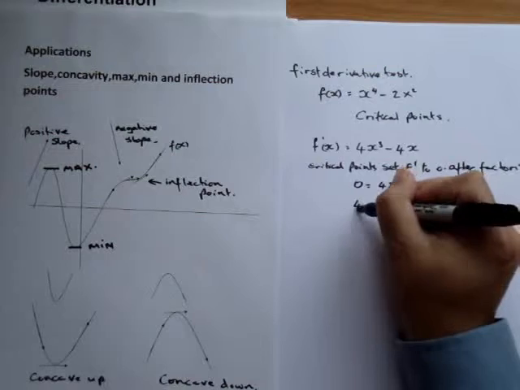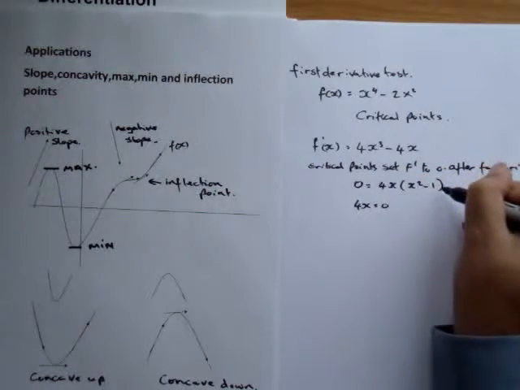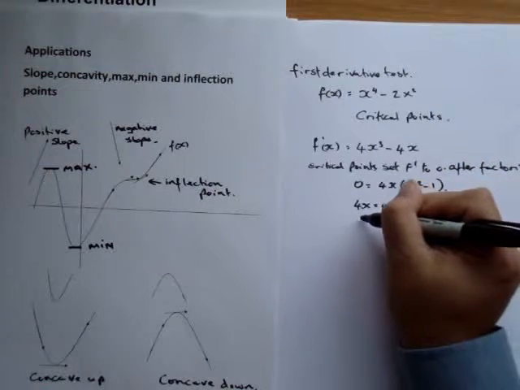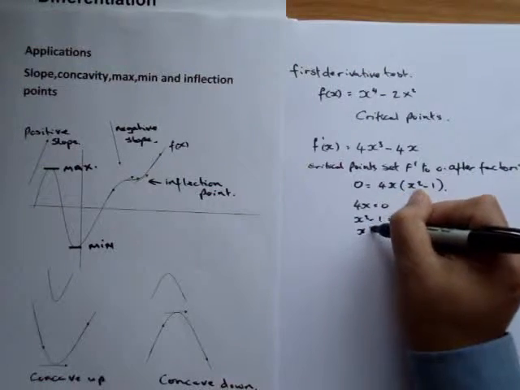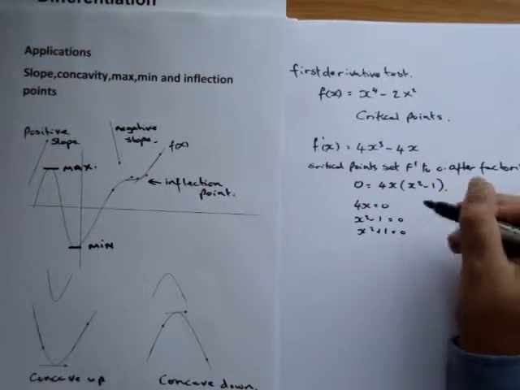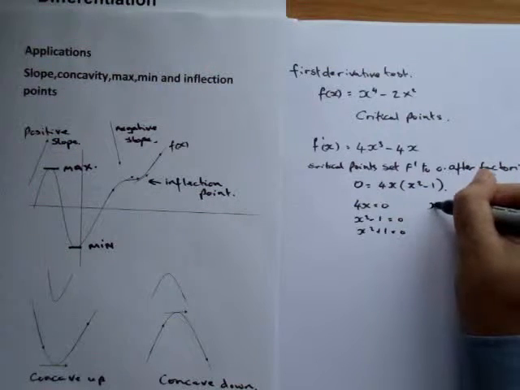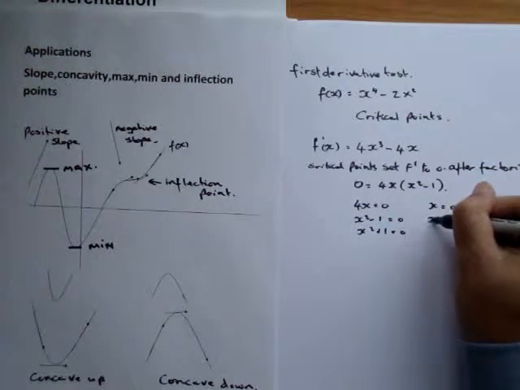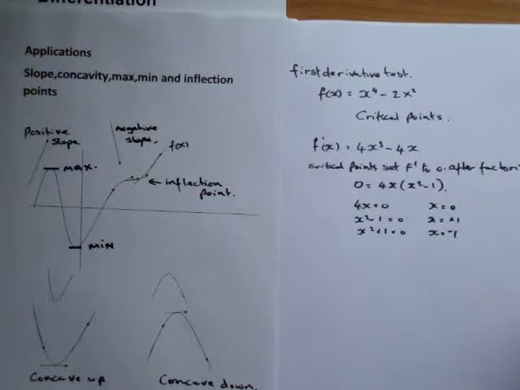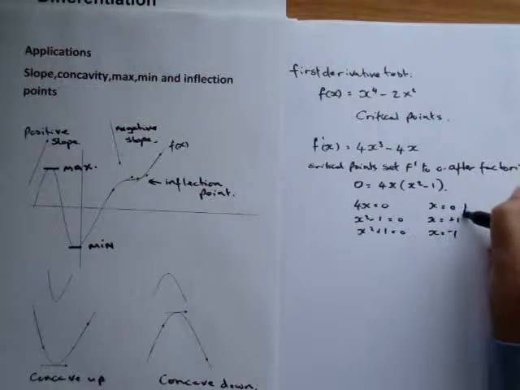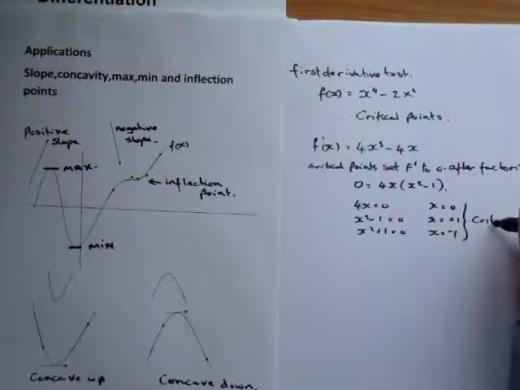So we have 4x equals 0, and because this is a difference of squares, we have x minus 1 equals 0 and x plus 1 equals 0. Therefore, we have x equals 0, x equals plus 1, and x equals minus 1. And these here, 0, plus 1 and minus 1, are our critical points.